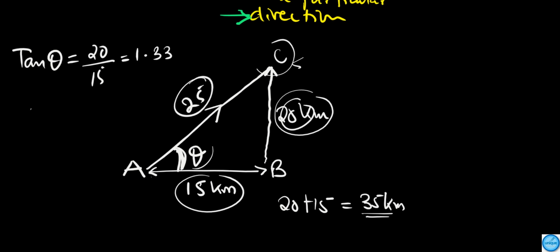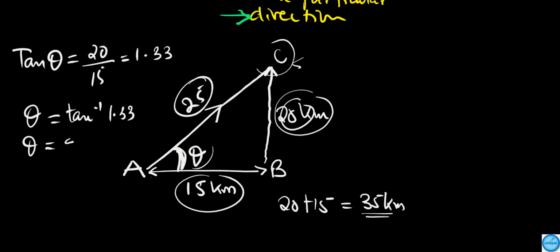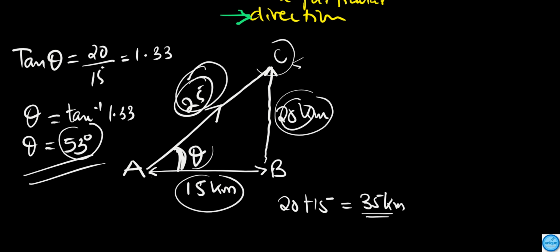We need to find the angle, so theta is equal to tan inverse of 1.33. We press second function, then tan inverse of this one, and the answer is 53.1, and to the nearest degree that's 53 degrees. So that's our bearing. So the displacement is 25 kilometers at an angle of 53 degrees.